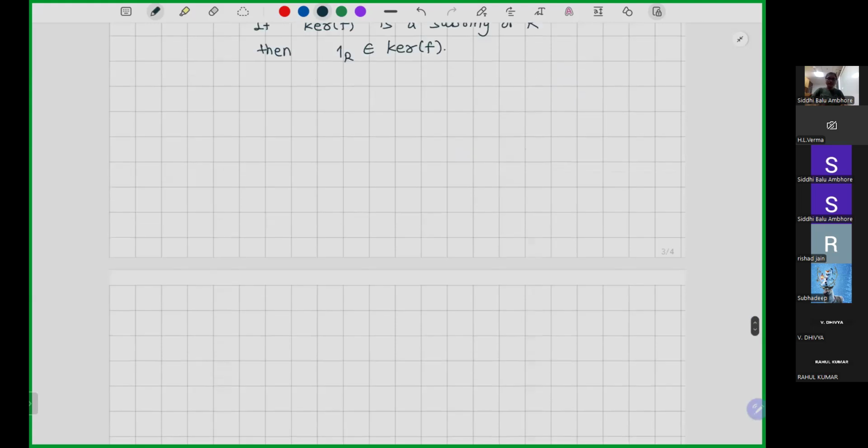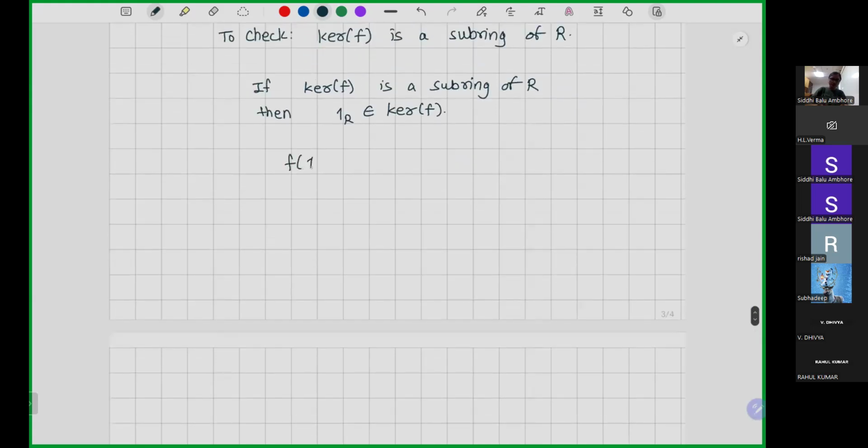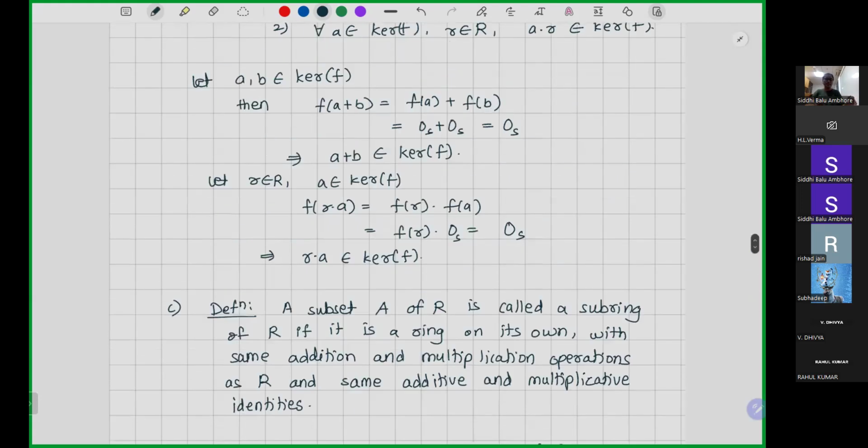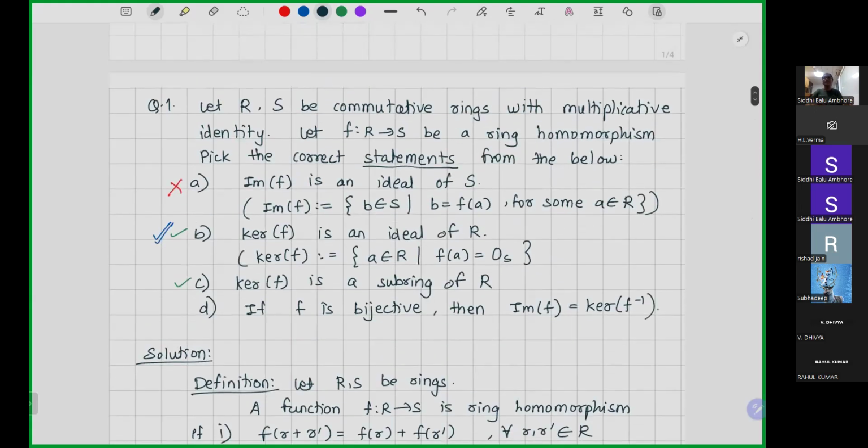But since F is a ring homomorphism, what is F of 1R? It is 1S, right? And which is not equal to 0S. So we are not dealing with the zero ring where 1S is equal to 0S. These statements are made in a general setup.